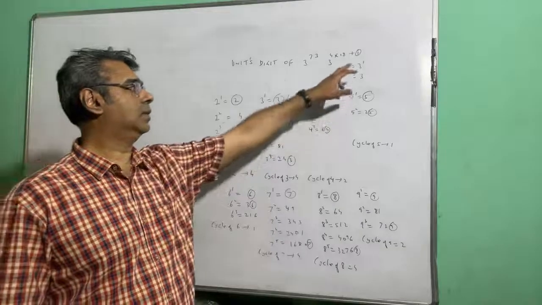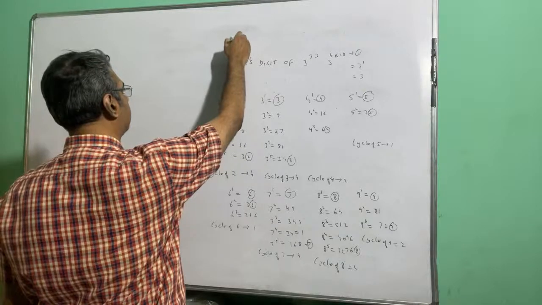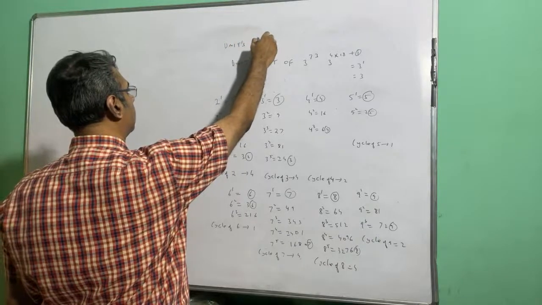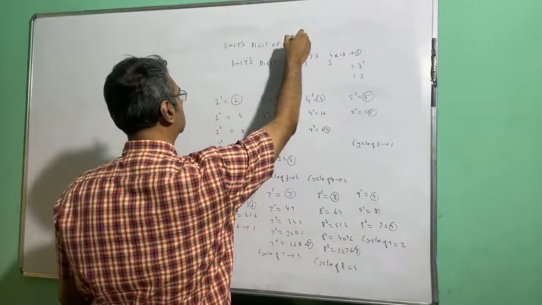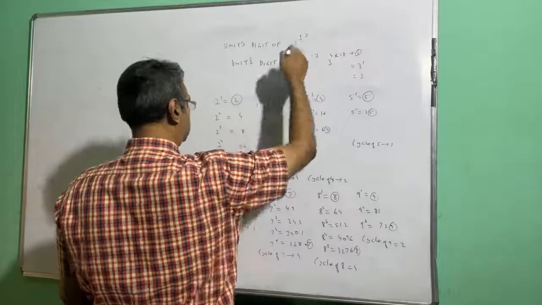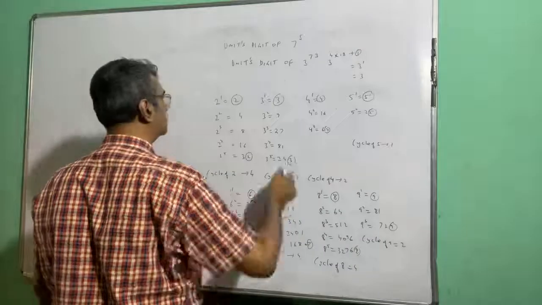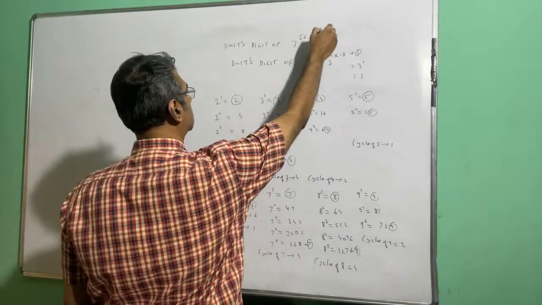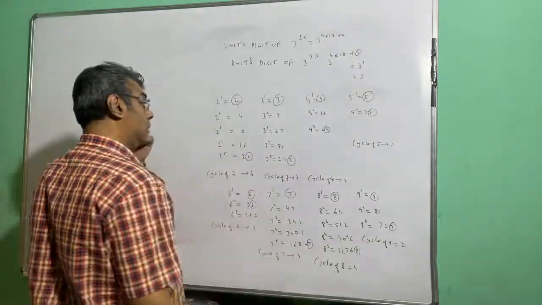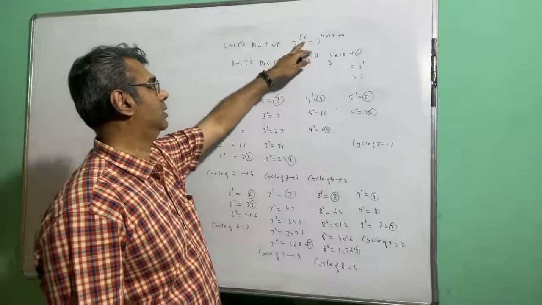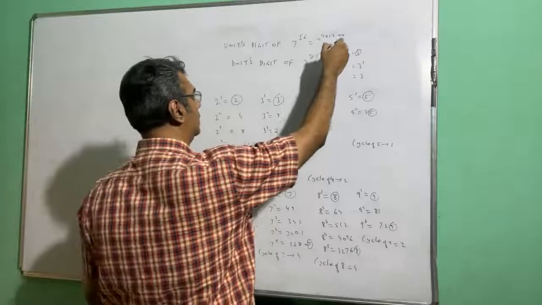Now suppose the remainder is 0, like 7 to the power 56. 56 is 4 into 14 plus 0, so the remainder is 0.